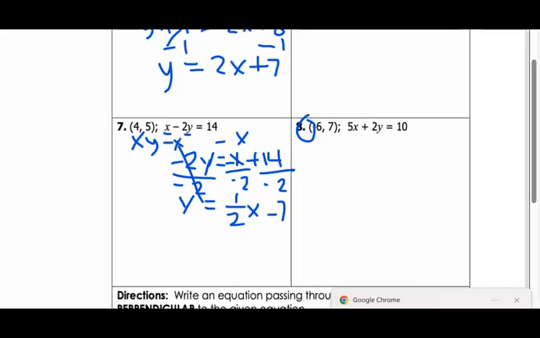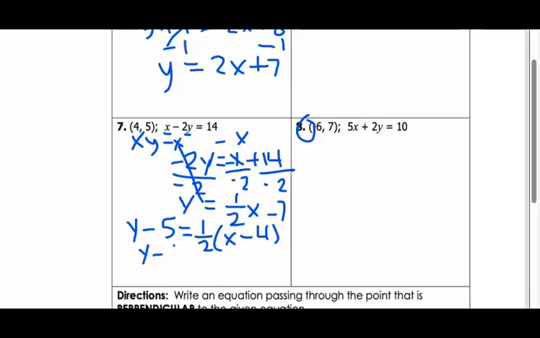Let's do this in standard form. So y minus 5 equals 1/2 x minus 4. Okay, so we've got y minus 5, 1/2 x, then half of negative 4 is negative 2.